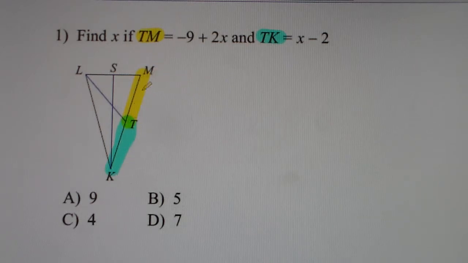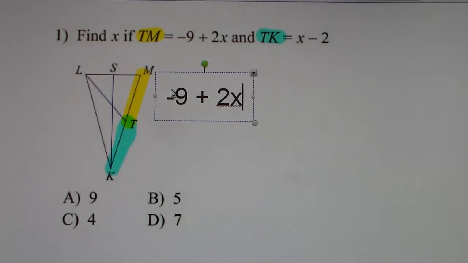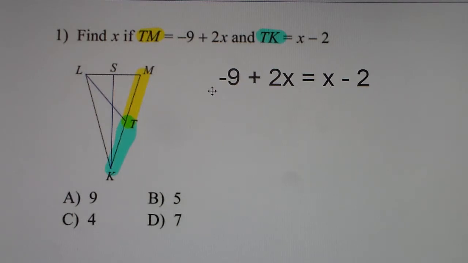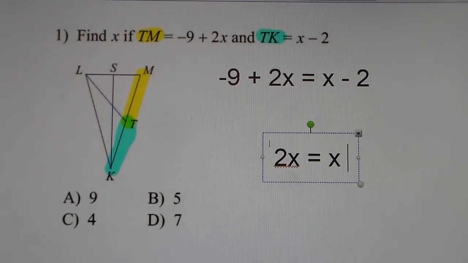So since they're two small pieces, we're going to set these two equations equal to each other, just like this. -9 plus 2x equals x minus 2. That's because they're two smalls. Then once we set them equal to each other, we use our inverse operations, so we add 9 to both sides, and we're going to get 2x equals x plus 7.